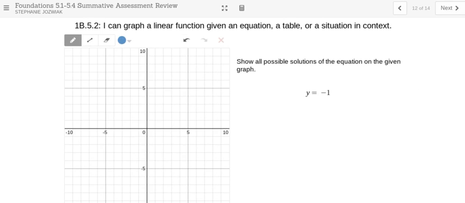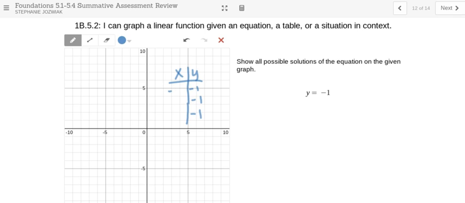All right, then here we've got y equals negative 1. Now you'll notice this is not any of the forms that we've been talking about, because this one only has one variable. It only has a y. So if we think about what that might look like if we were to make a table, it means that every single y value is going to be negative 1, regardless of what the x value is that you pick.